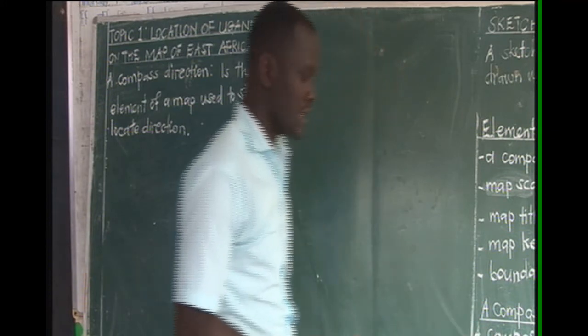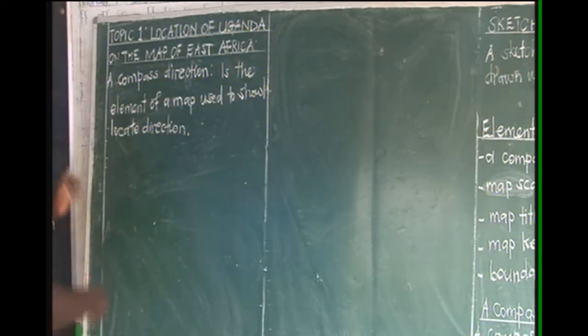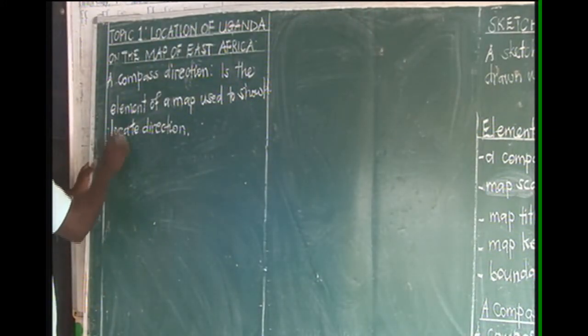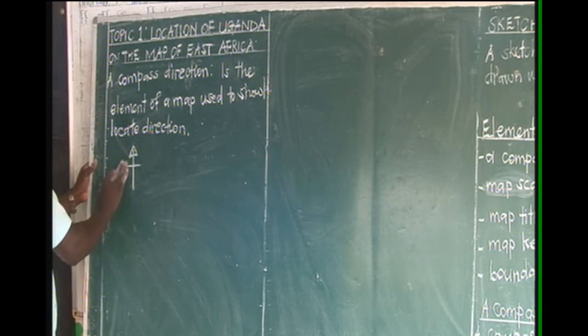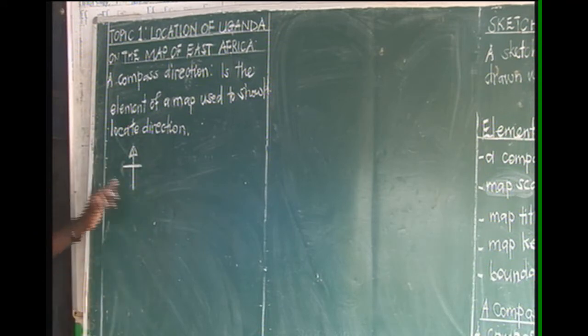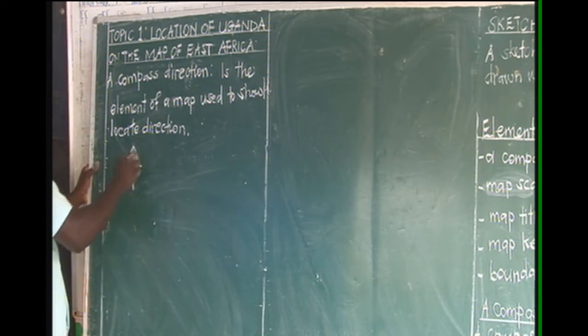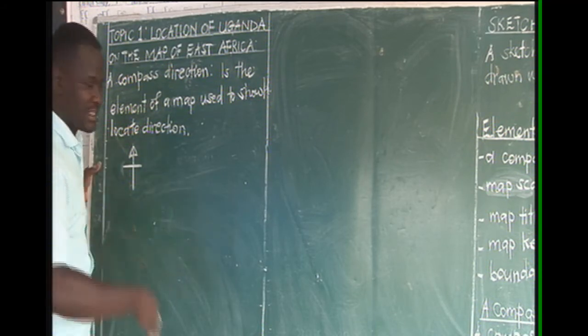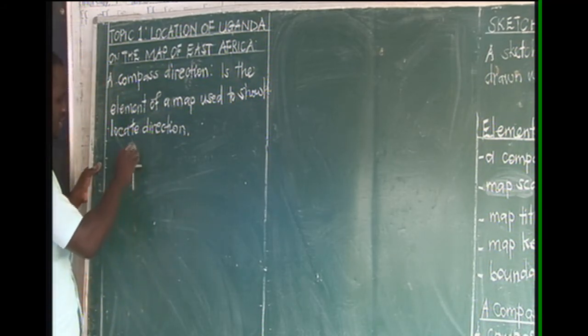This compass is drawn when we are representing it. We draw it using this kind of symbol. This is the symbol for a compass. And remember you said in the previous classes that when this compass is at rest, the compass needle points to the north.